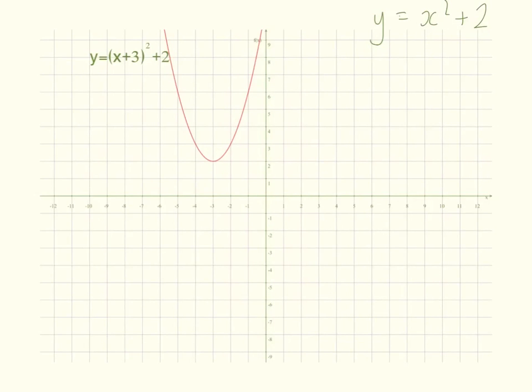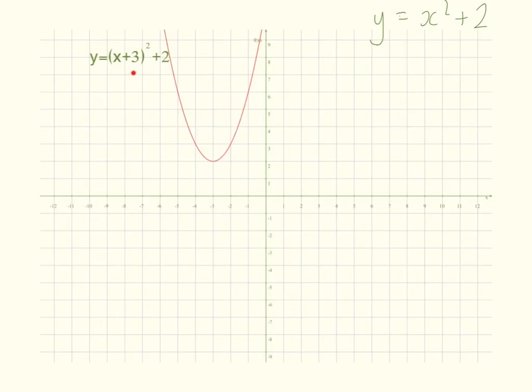But this time we see that the turning point of this one is up 2 places. So basically the same rules apply. If we're adding on 2, our parabola is going to move 2 up. If this was (x plus 3) squared, take away 9, it would be down here somewhere. So the constant at the end moves it vertically up or down.